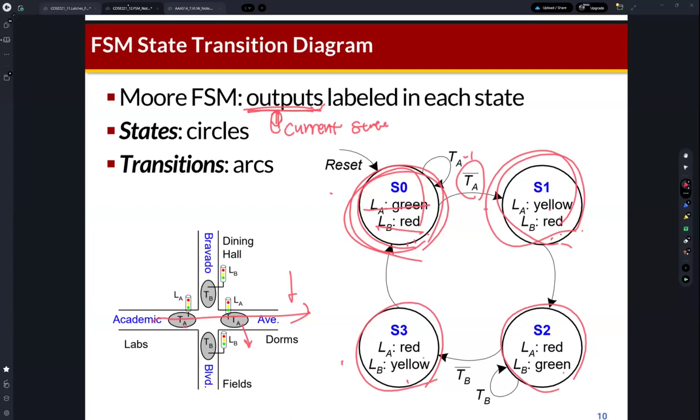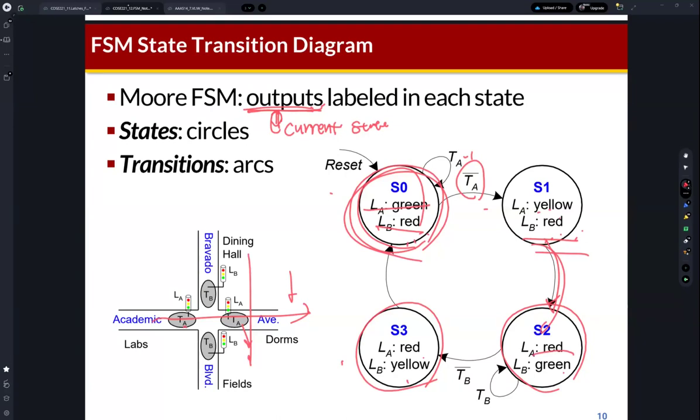And then if the current state is yellow and red, then it needs to go to S2, red and green. So this is not possible, right? So this is a traffic signal, right? If the current traffic light is yellow, then it goes to red, and then this is green.